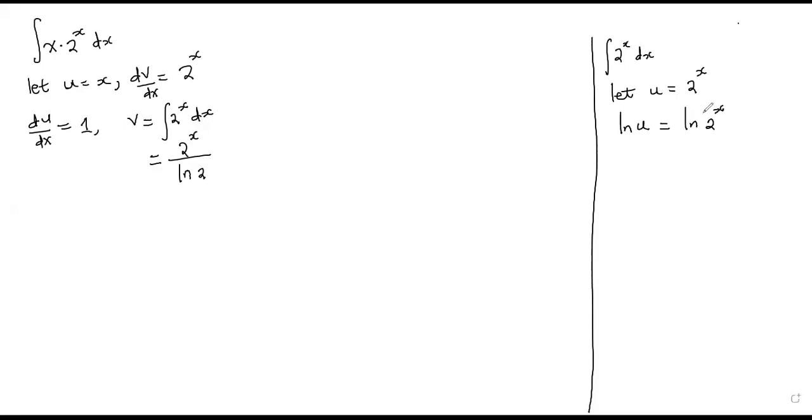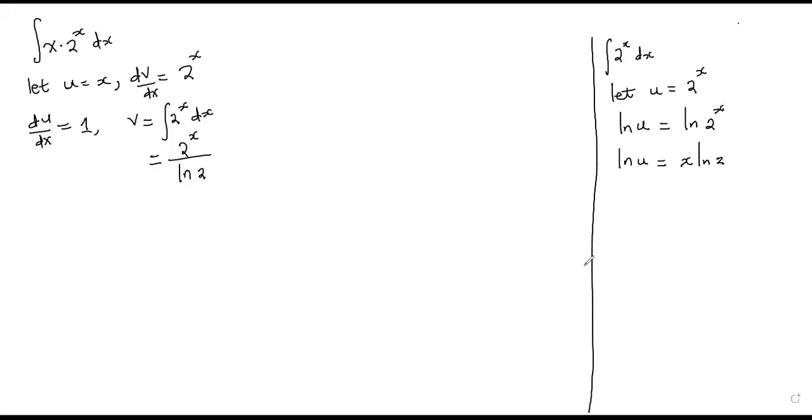However, there are some people who read different sources, and you're going to find them using a different approach, but this is a bit easier. Introduce ln both sides. Then continue and say that ln u is equal to, dropping x, x ln 2.